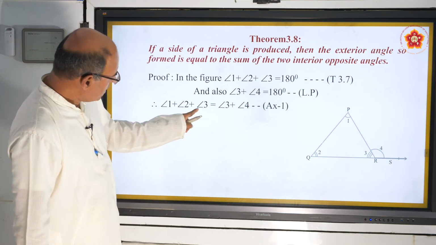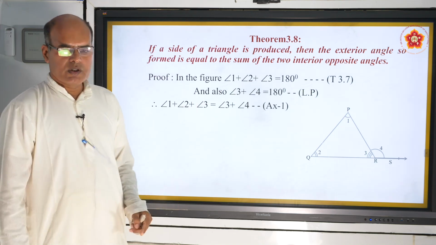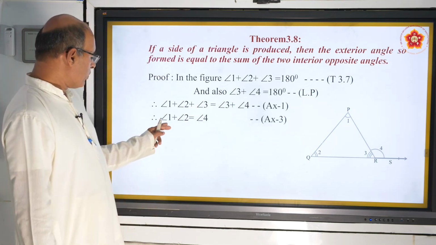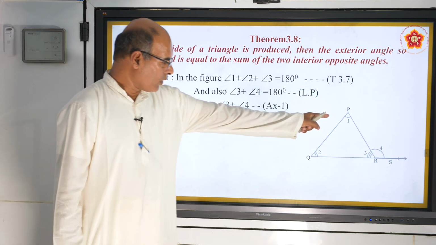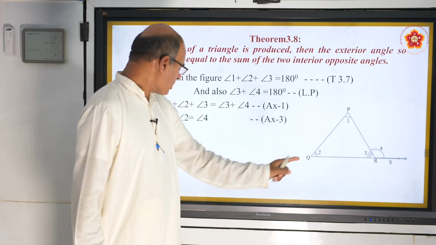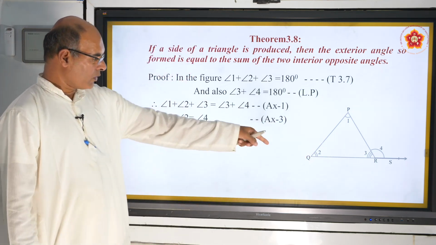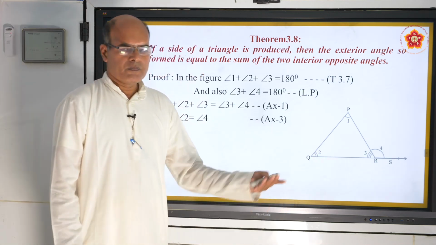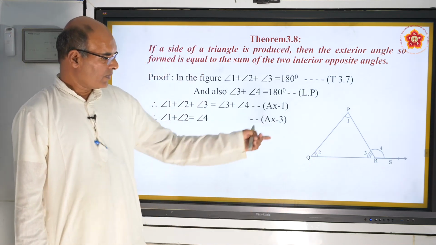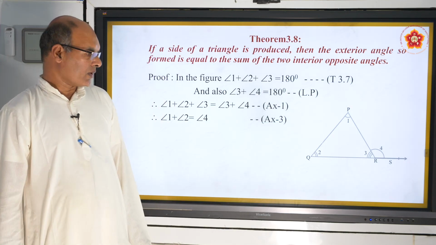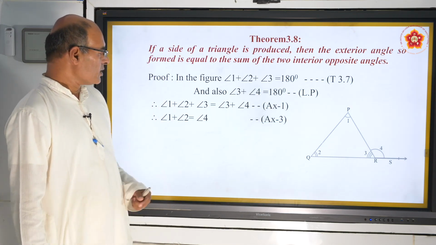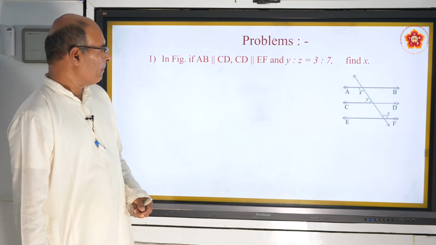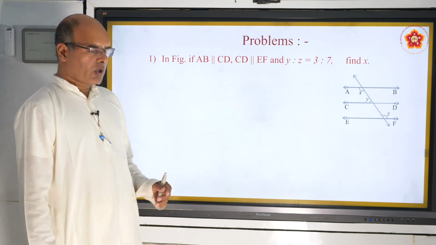Now we have 3 on both sides. We can remove it. Then we get angle 1 plus angle 2 is equal to angle 4. Angle 1 and angle 2 are the interior opposite angles for the exterior angle, angle 4. So that is the proof of this theorem. Now go to 2 or 3 problems.